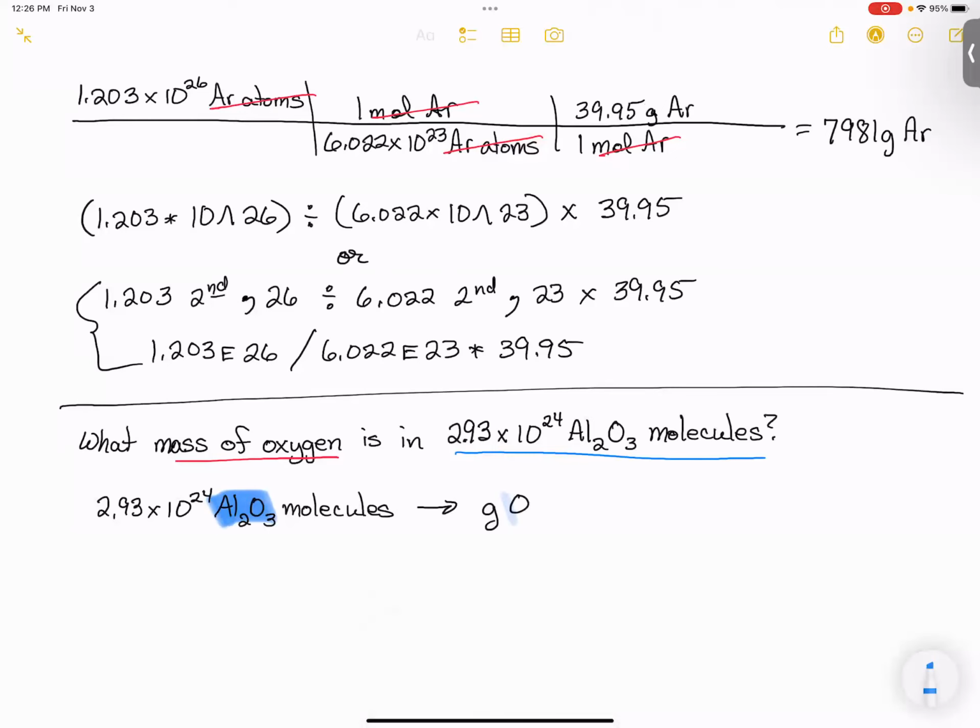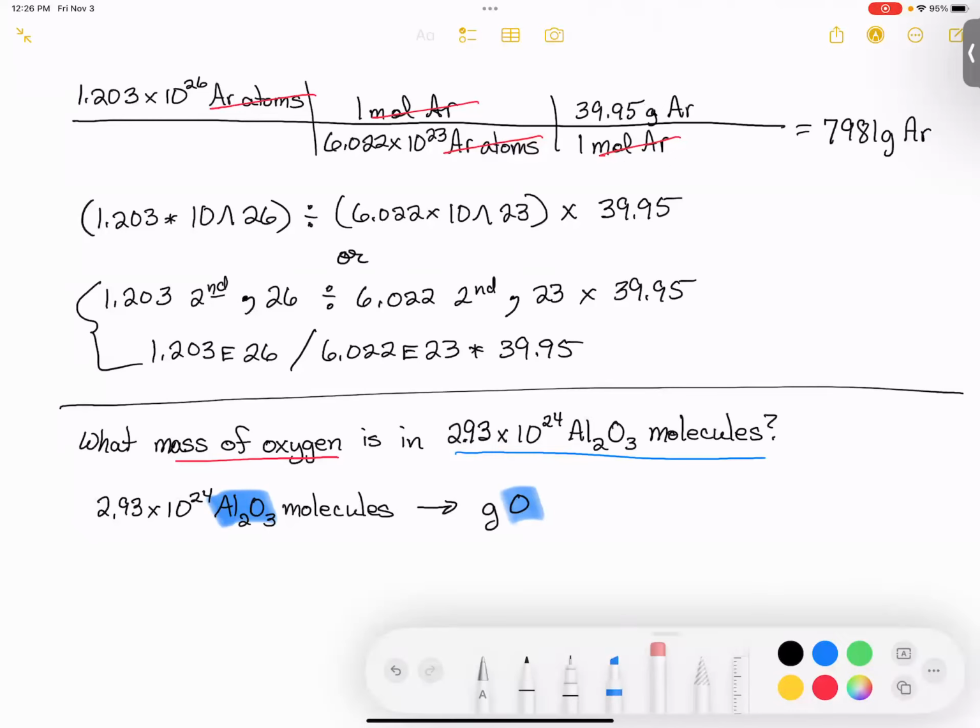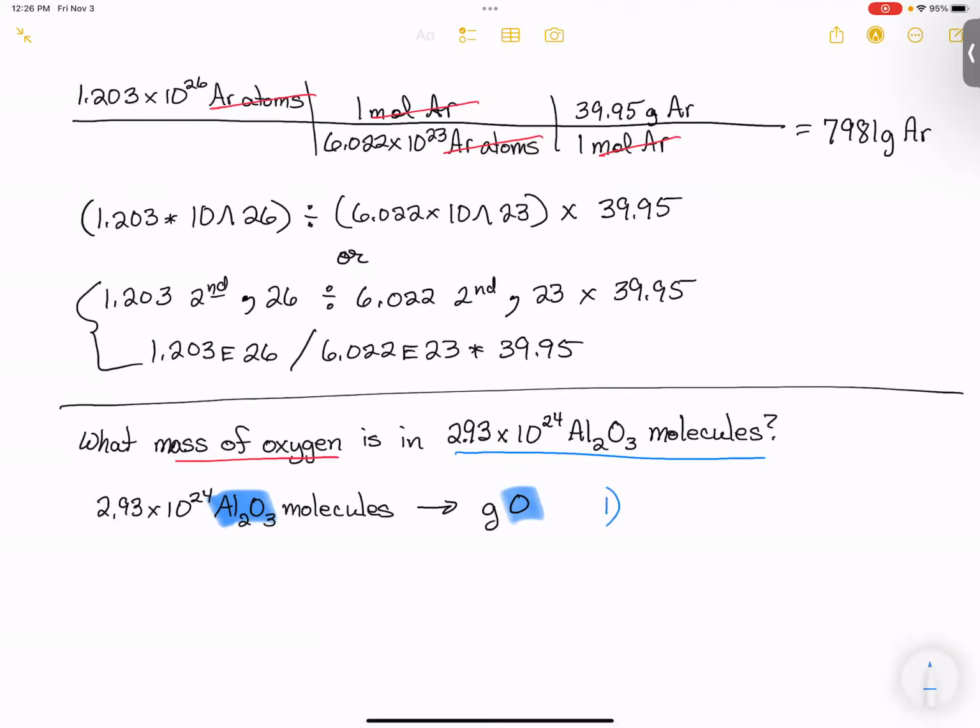Aluminum oxide and oxygen. So the first thing I note is there are two different substances. So a mole to mole ratio will be required.